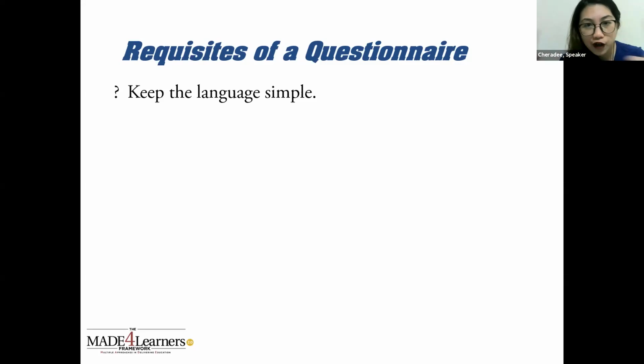You should not use overly uncommon words. So sometimes what we suggest when we make a questionnaire is to turn it into Bisaya, right?